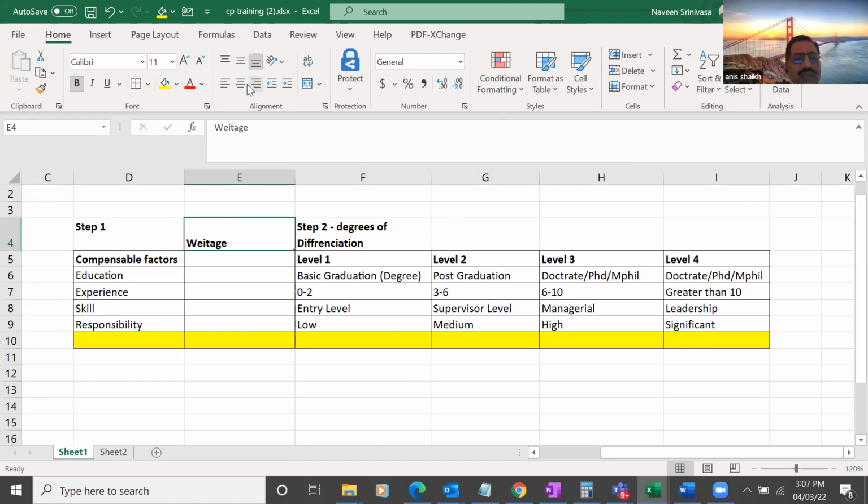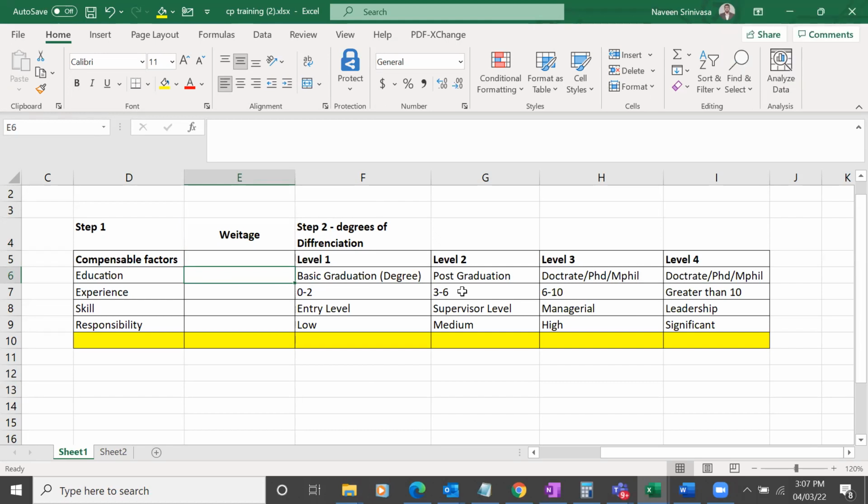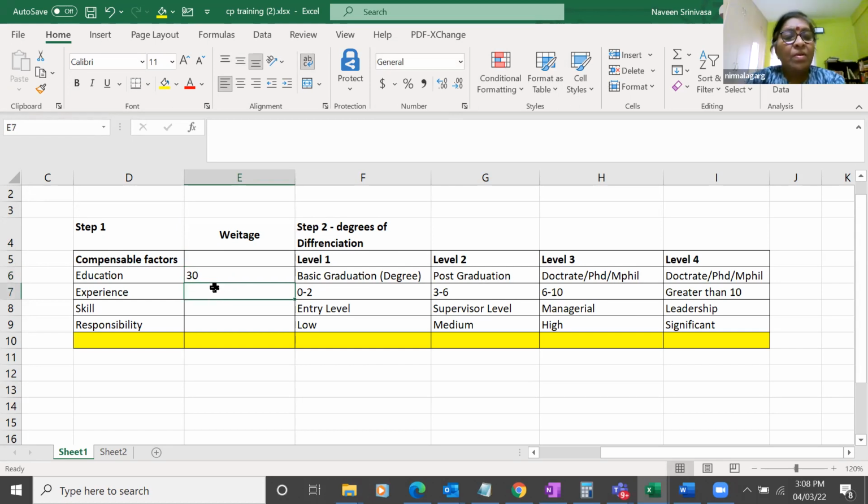Education, I think we can go for 25 to 30%. Okay, 30. Experience, slightly higher, say about 25. You want to give 40%? Is your organization such that you are going to take mostly experienced people?